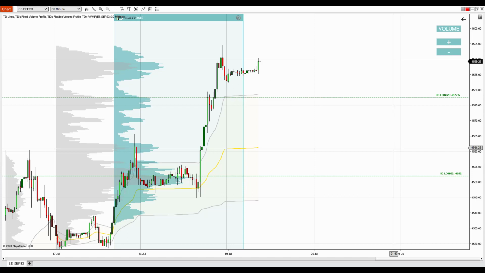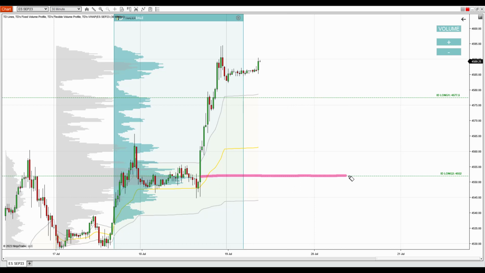Now the second level, the second support, which I want to show you, is this one. And it is based on the massive volumes which were traded in here in this rotation, which took place before this aggressive buying activity.